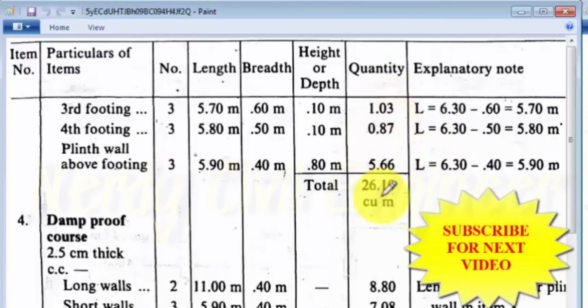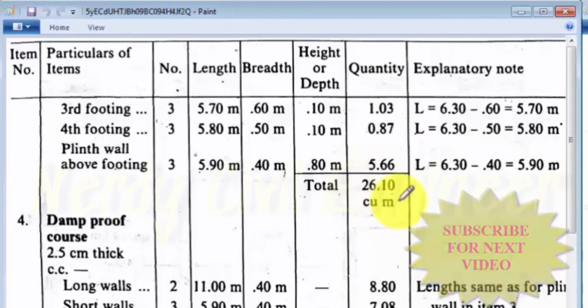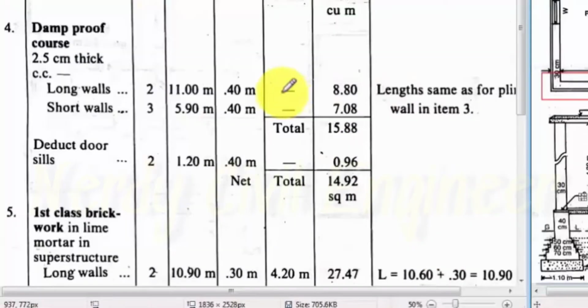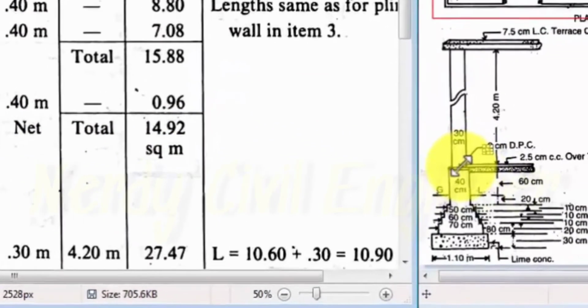Okay. So now the fourth particular is the damp proof course, and each and every time you will see in the damp proof course, they will always mention 2.5 centimeter thickness center to center.